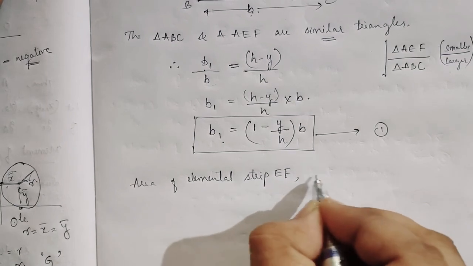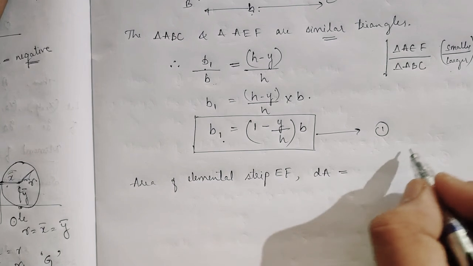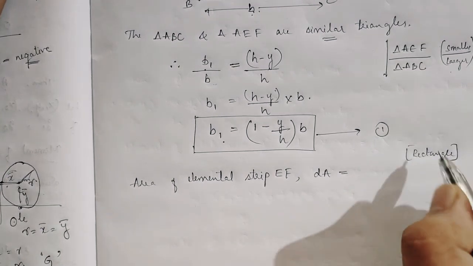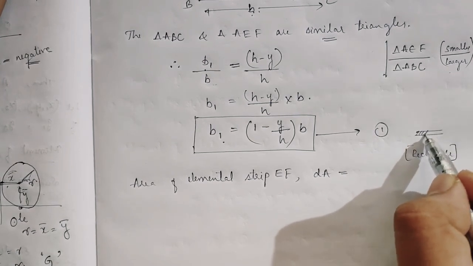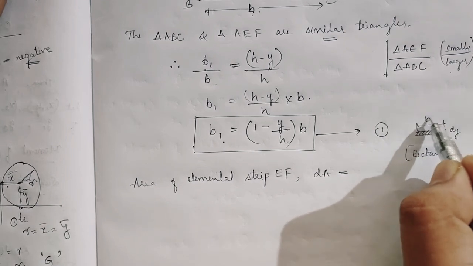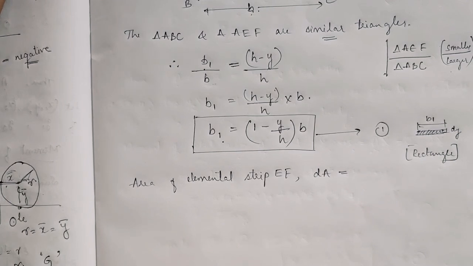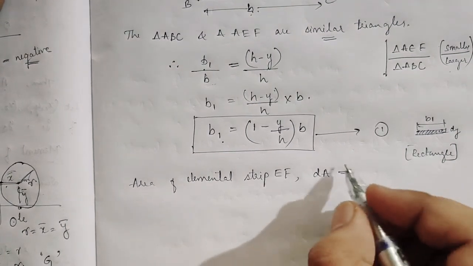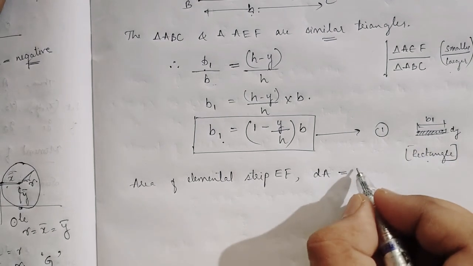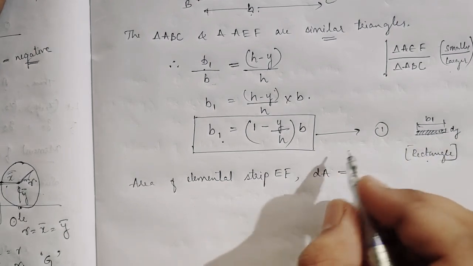Now I'll take the area of elemental strip EF. Let this area be dA, and the elemental strip is in the form of a rectangle with thickness dy and width b1. So the area of the rectangle is breadth into depth, that is b1 into dy.